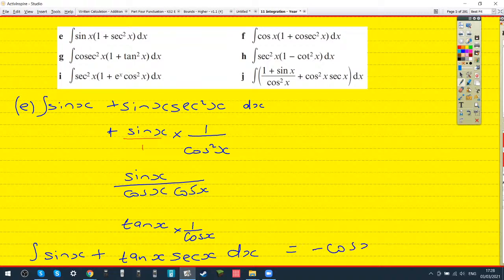Yeah. Then I forgot what it was. Plus, I think it was sec x plus c. That's it. Turn everything to sin and cos, and then you go from there.